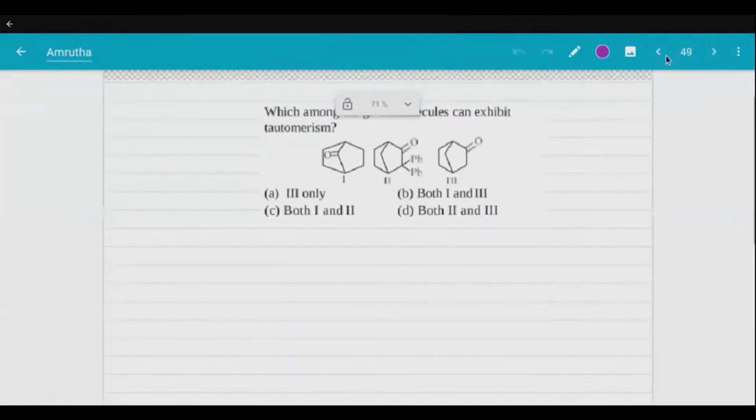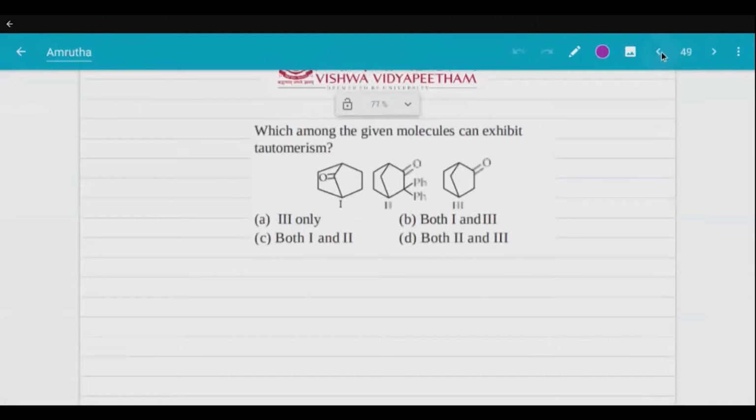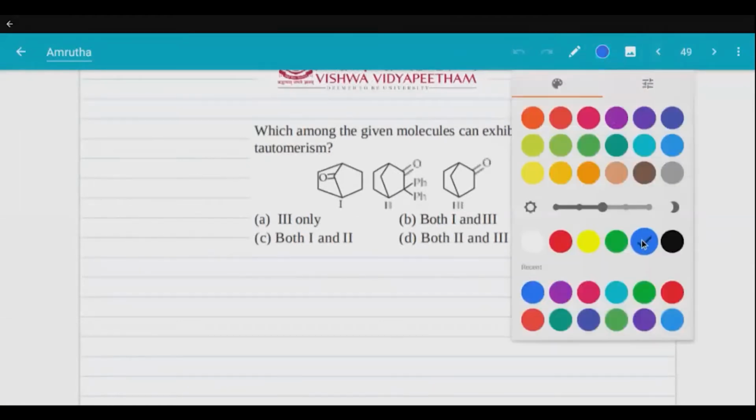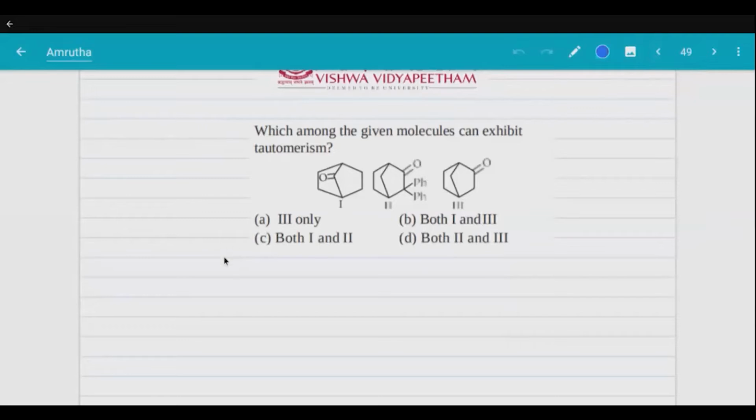Look at this. This is about tautomerism. What exactly is tautomerism? Tautomerism is a special type of structural isomerism. Structural isomerism basically means bond breaking and making takes place; connectivity is different.